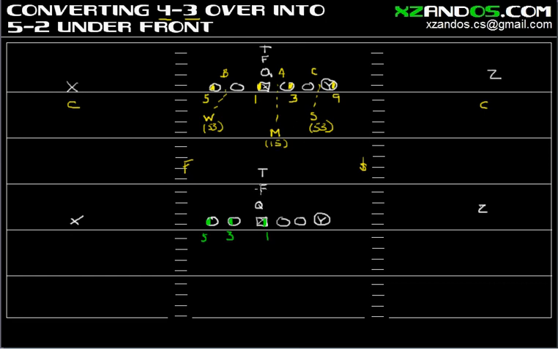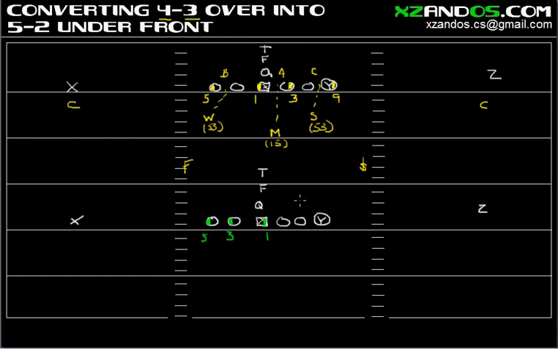When you go down here to this diagram, because the strong guard has not changed, and there is no 3 technique, matter of fact, the 1 technique is playing underneath that strong guard, that's where you get the terminology of an under front.